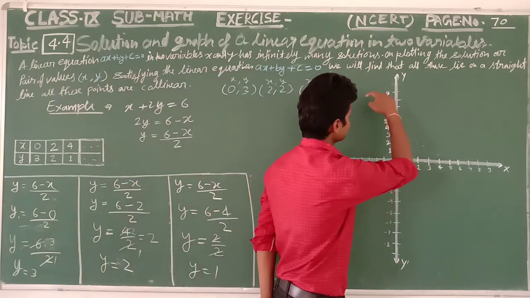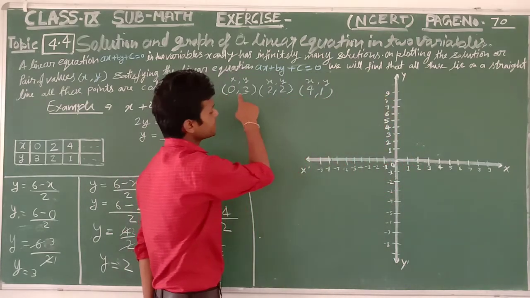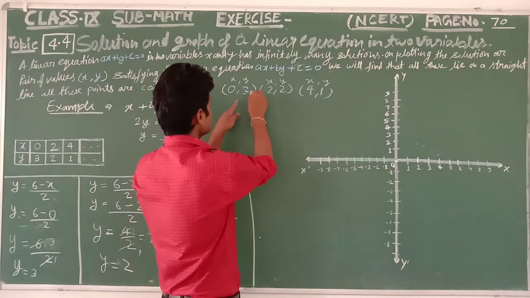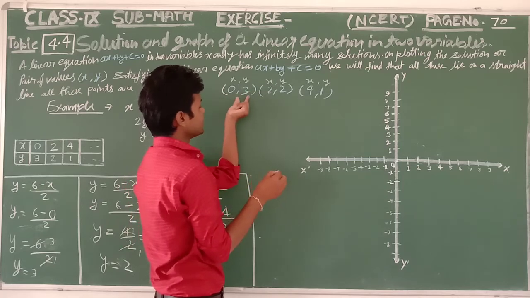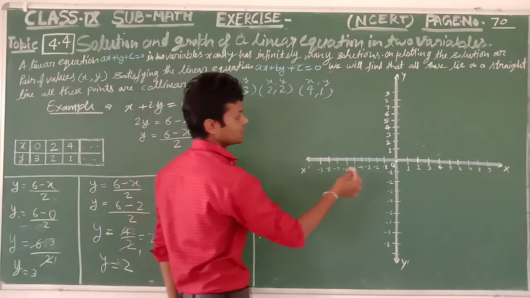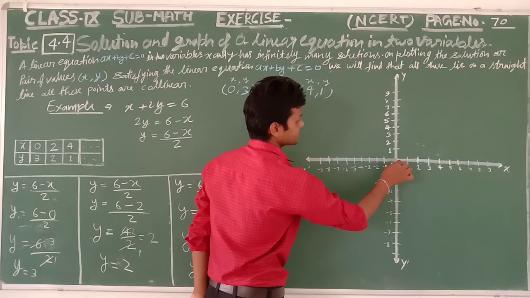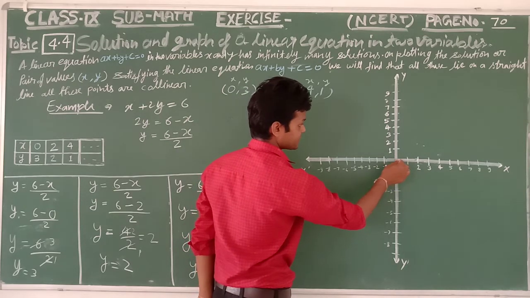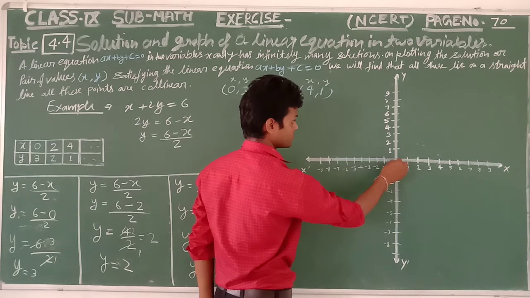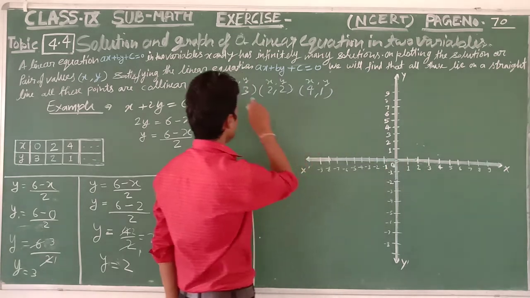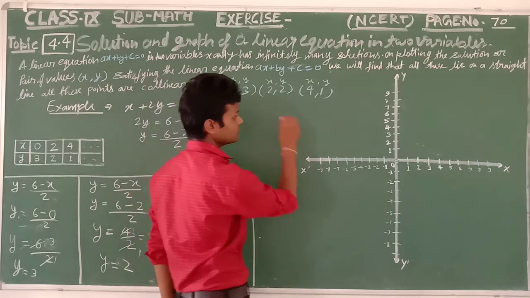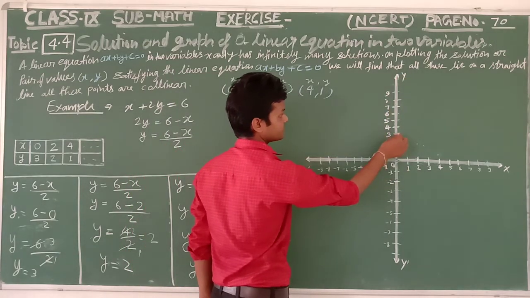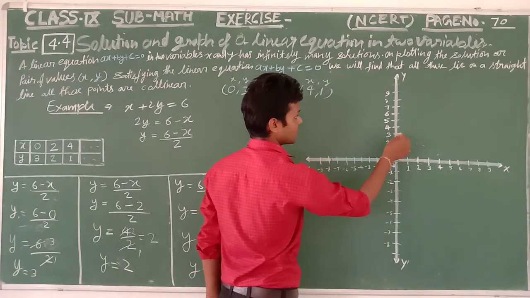Let us draw the first coordinate, 0, 3. First you go to x axis 0. This is called the origin. Origin means 0, 0: x value 0 and y value 0. And here y value is 3. You go along the y axis to 3 and mark a point here.